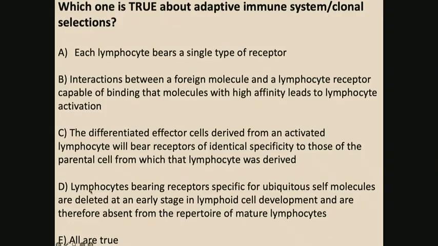And then last, it says lymphocytes bearing receptor specific for ubiquitous self molecules are deleted at an early stage in lymphocyte cell development. So they will be deleted in the primary or secondary lymphoid organs? Primary, in development, okay? And are therefore absent from the repertoire of mature lymphocytes. Okay, they are not there. They are not circulating in the periphery. So, and there are more nuance to that, and we will learn that much later.